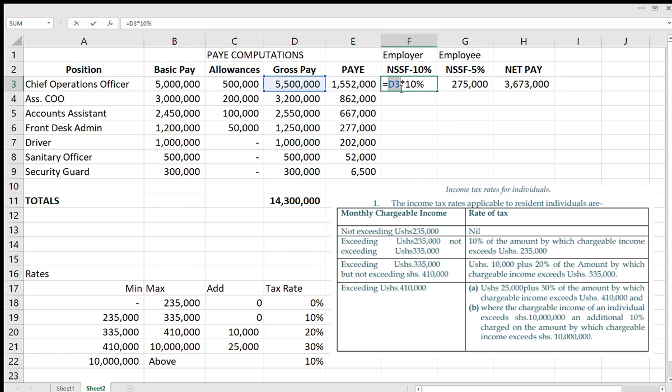It will not be deducted from the employee's gross pay. That should be very clear to you. So though we compute the 10% from the gross pay, we shall not deduct it from the gross pay. The employer has got to get it from other sources other than reducing the employee's gross pay.